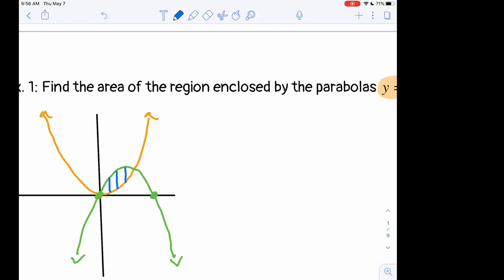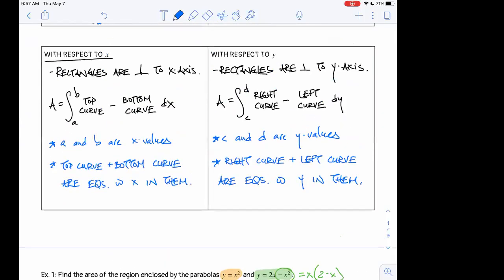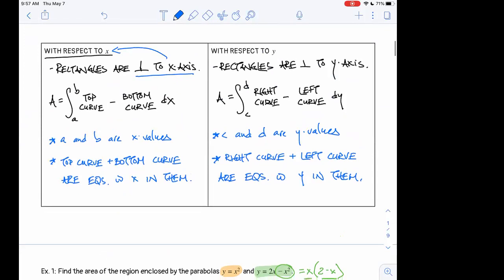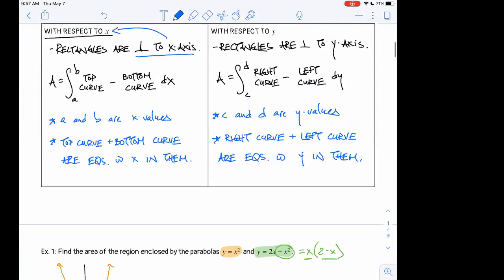And because I'm looking at these rectangles, which are perpendicular to the x-axis, that's a good clue that I want to use the with respect to x formula. So I'm going to go ahead and write down this formula, the integral from a to b of the top curve minus the bottom curve dx.